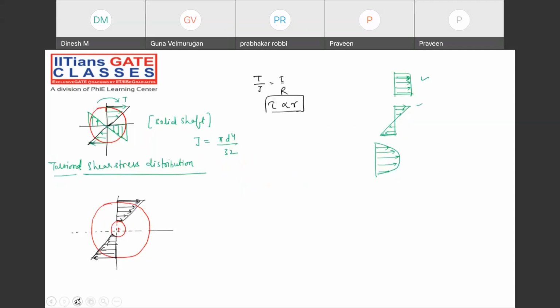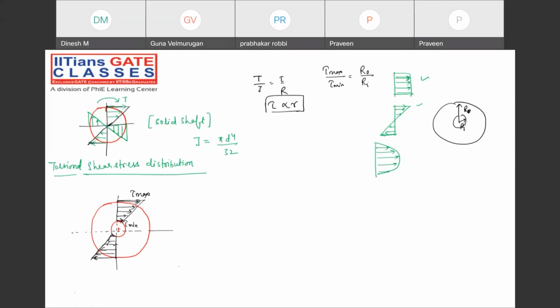So many times they ask this question: it won't start from zero. Why won't it start from zero? Because suppose you have the tau maximum, at least you are going to have the tau minimum here also. Why? Because tau maximum by tau minimum has the relationship R0 divided by Ri, where R0 is the outer radius. Suppose I'm drawing something like this, so this is Ri and this is R0. Understanding?